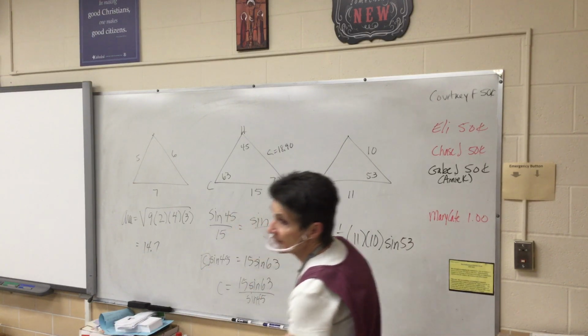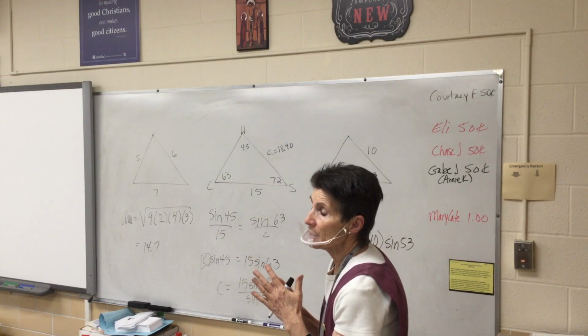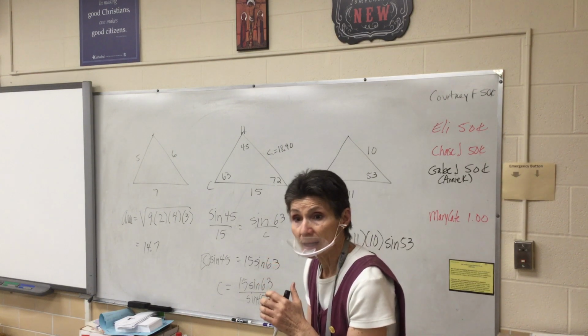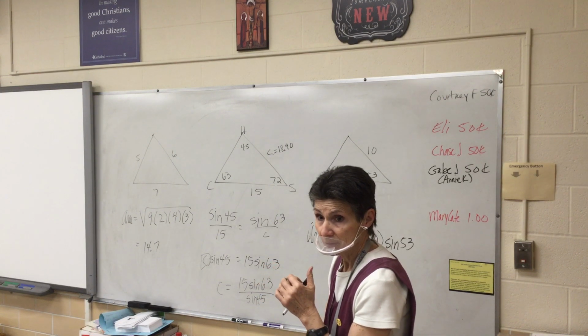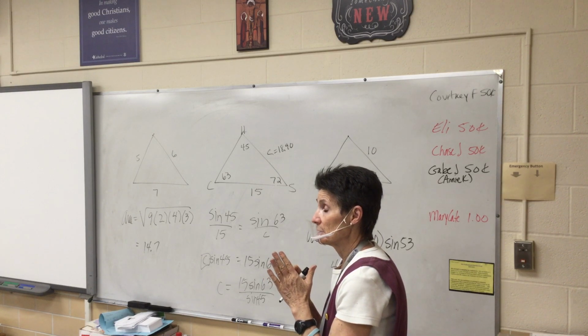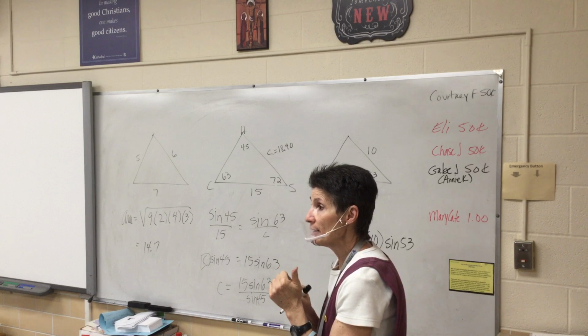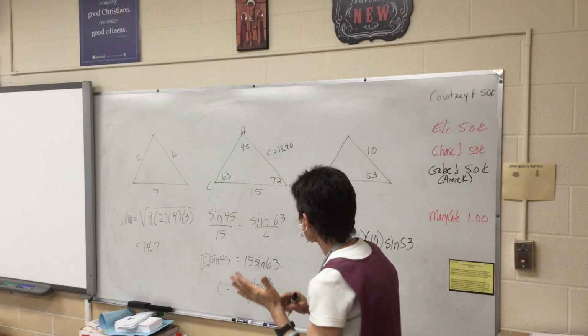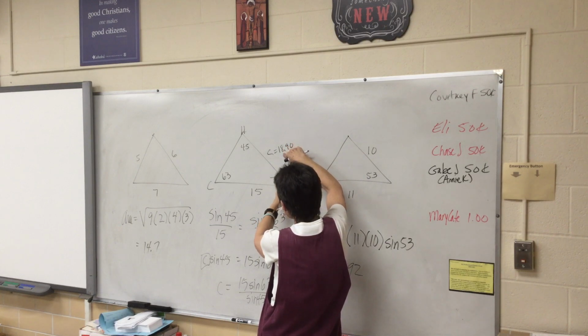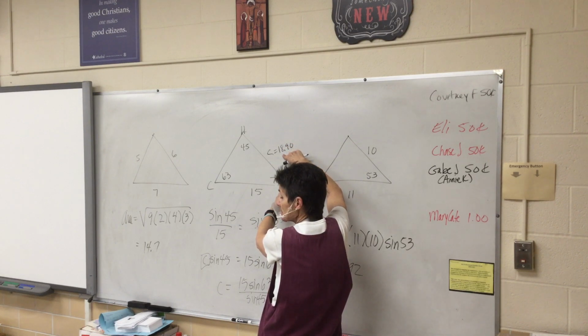Please do not write that in the answer blank though, because you are supposed to be finding the area, right? The area. Can I now find the area? Yes, because now I have two sides and the angle in between.